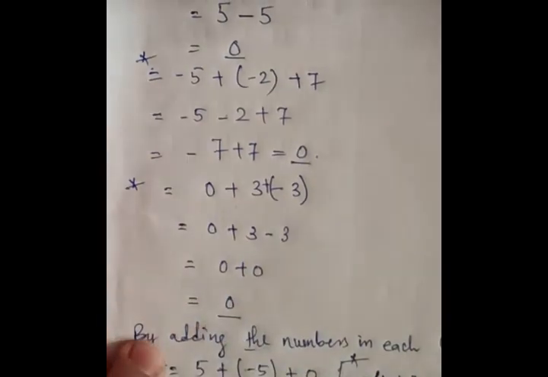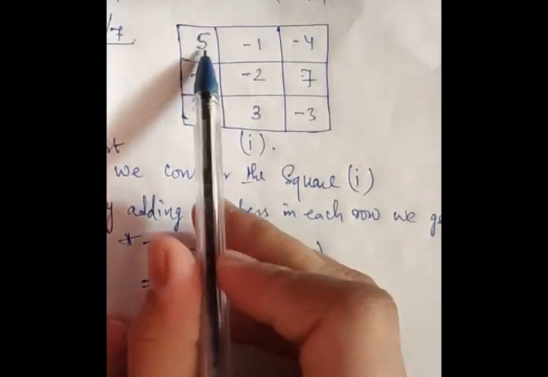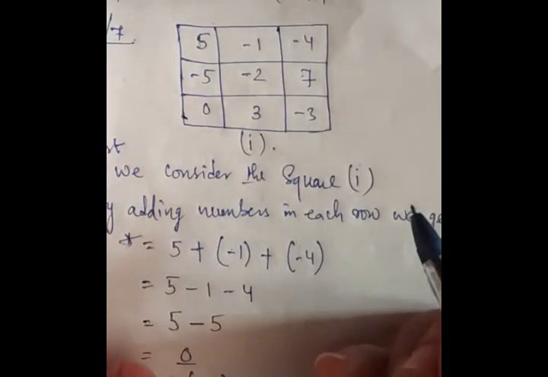Still we have not got the final answer, because we have to consider the diagonal also. 5 minus 2 minus 3.